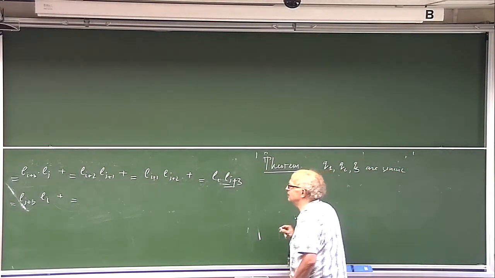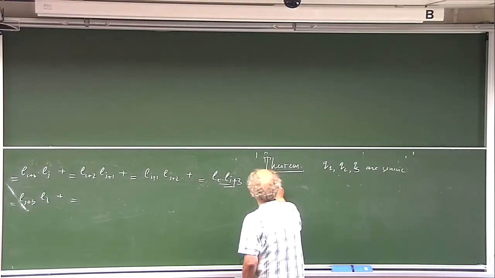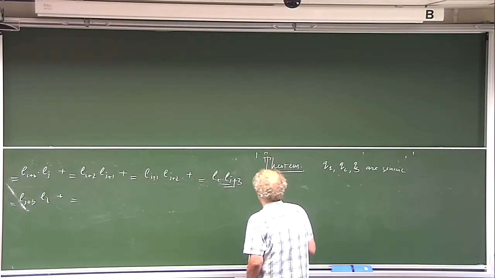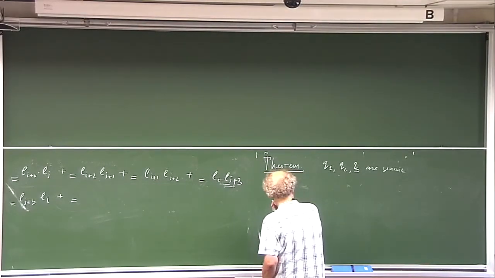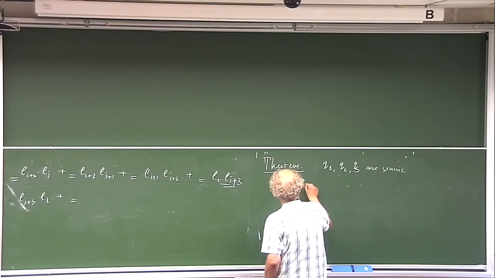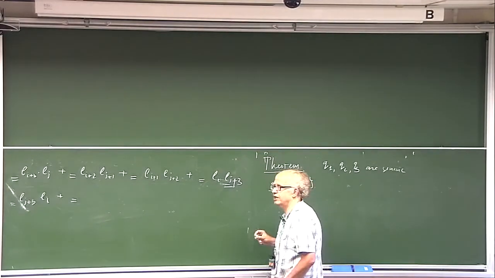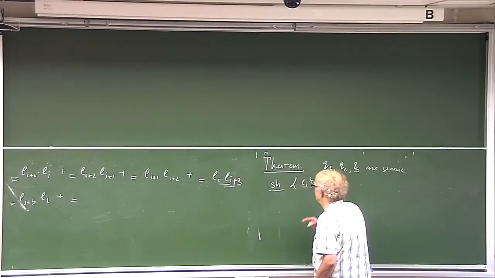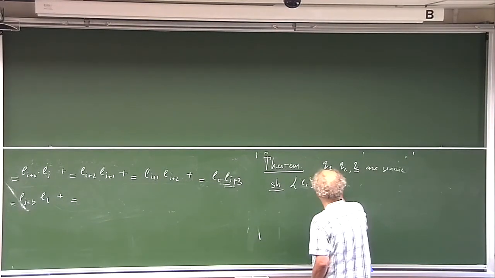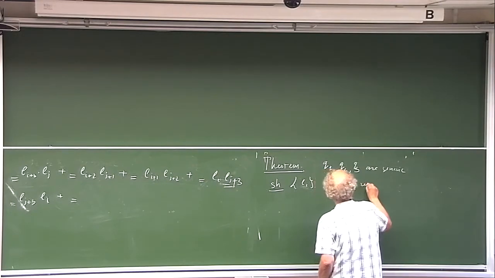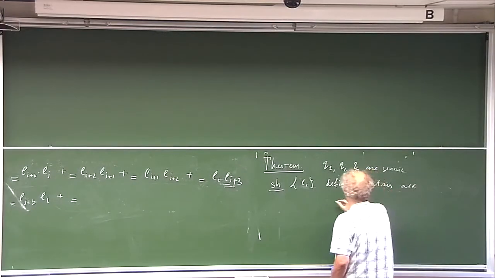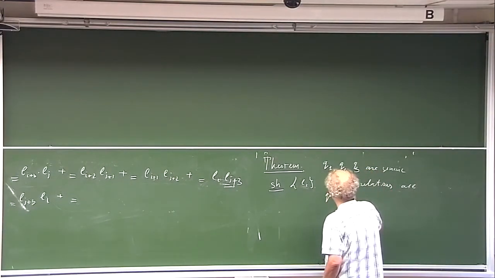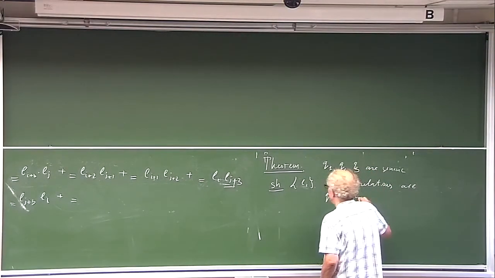And the theorem says that in this case, shuffle algebra, the previous theorem said that in this case shuffle algebra is generated by EI, but the additional thing is that the defining relations are quadratic. And just this.